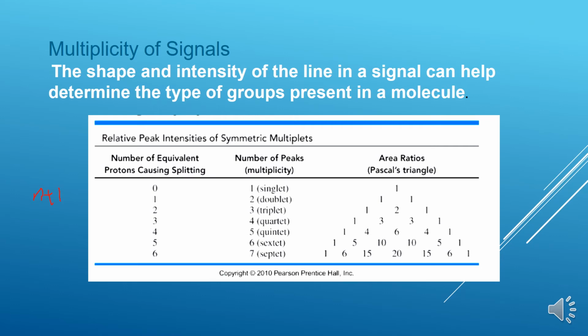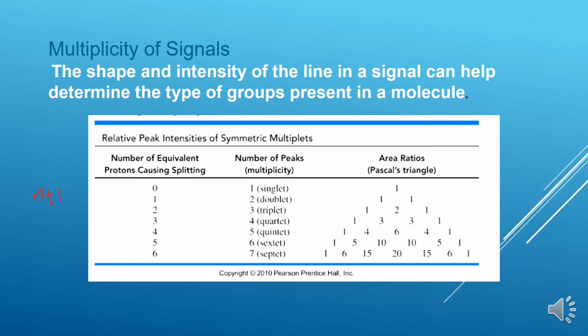If n value is 0, singlet. If n value is 1, doublet. If n value is 2, meaning 2 non-equivalent protons, then a triplet is possible. 4 non-equivalent protons, quintet. 5 non-equivalent protons, sextet. 6 non-equivalent protons, septet.